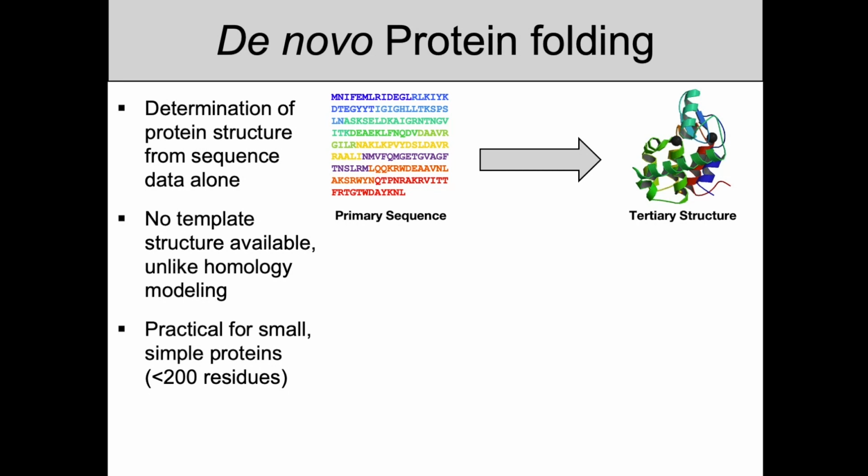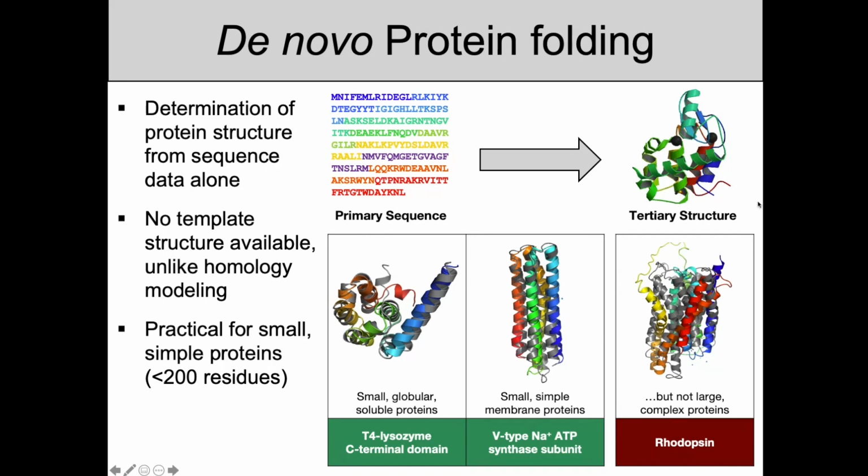You can imagine that there are many possible configurations that a protein can be arranged in, even a 100 residue protein. And so you only really want to attempt to do this computationally if you have a small protein that you're interested in. For larger proteins, it just becomes impractical. So the protein we're going to be working on is T4 lysozyme, which is shown here on the left.